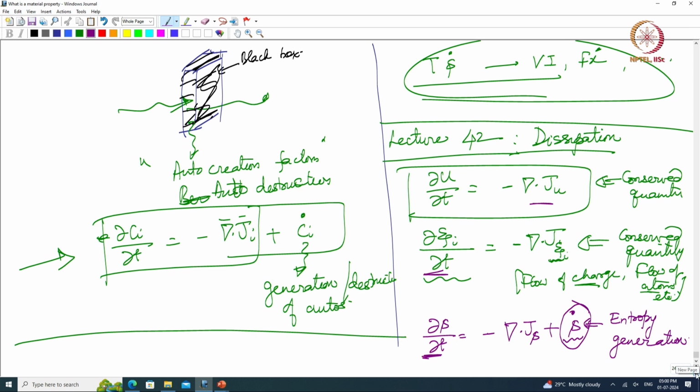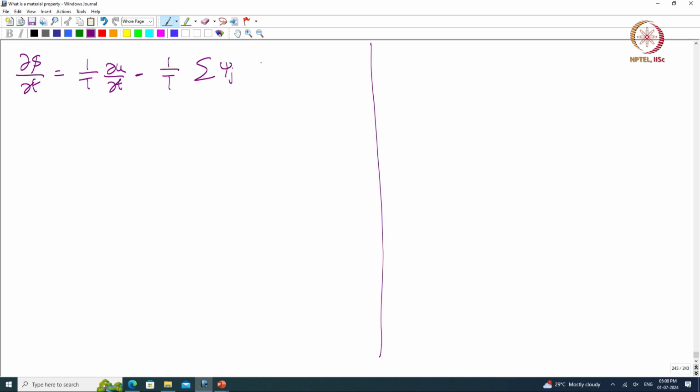So, now let us go back to that equation. I am going to say, okay, dou s by dou t equals 1 by T dou u by dou T minus 1 by T psi j dou epsilon j by dou T. Okay. So, this is a summation over j.